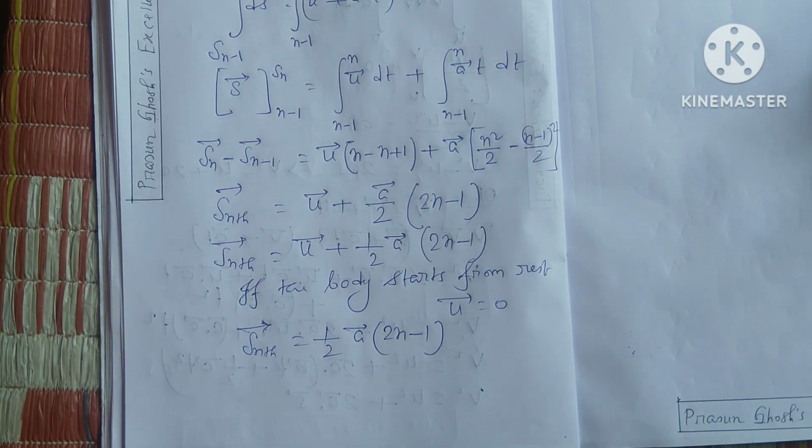So these four equations are very helpful for solving different types of numericals. So this is the basic of physics. I think this class will be helpful for all the students.